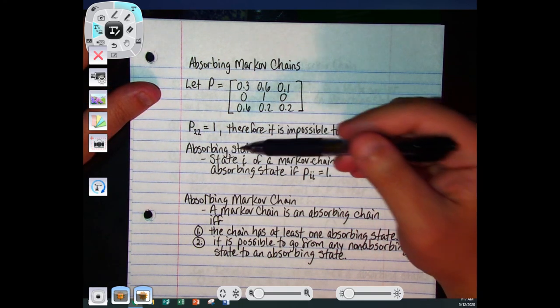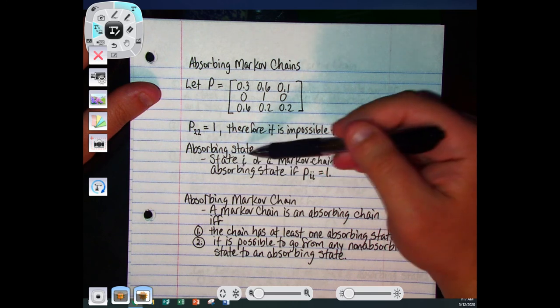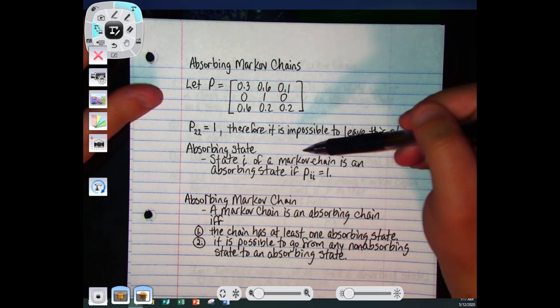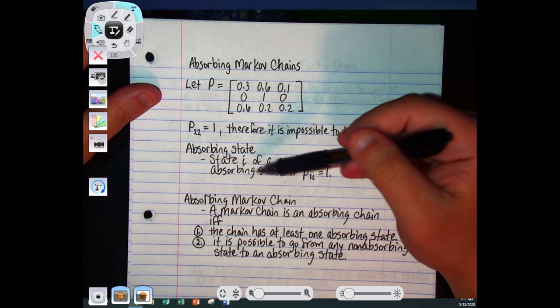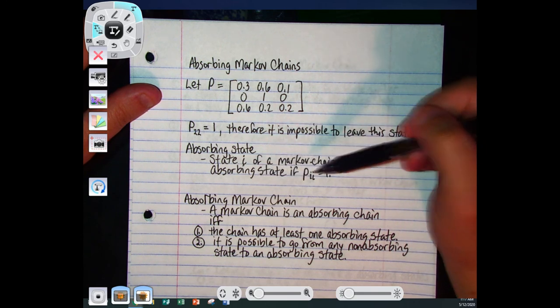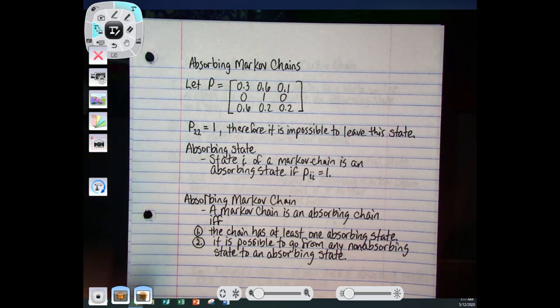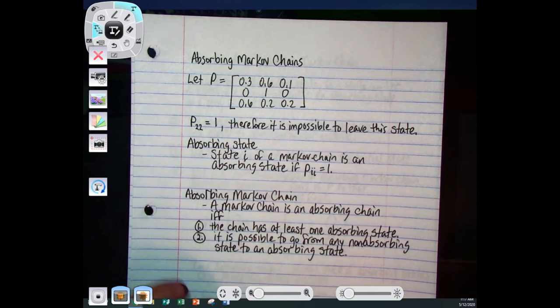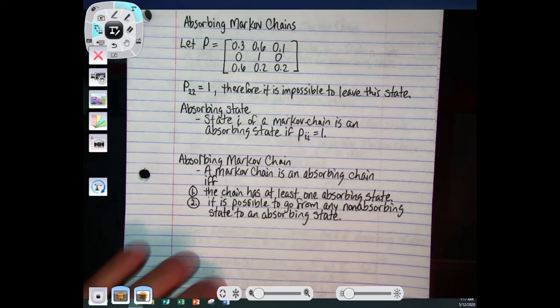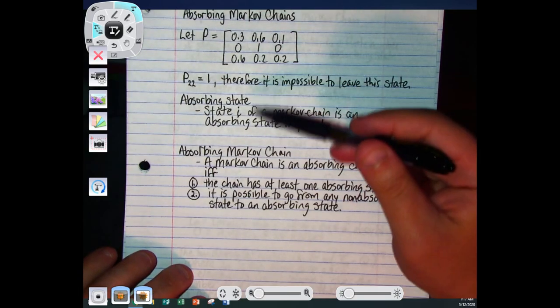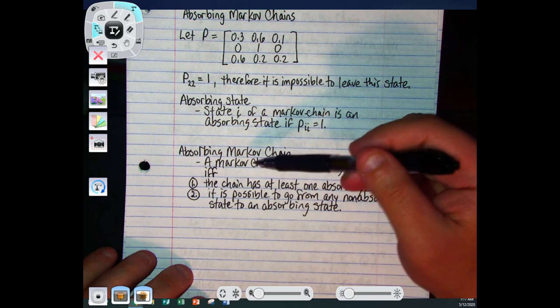So a state i of a Markov chain is an absorbing state if the probability of going from that state to the same state is equal to 1. So based on that, now we can use that idea of an absorbing state to talk about what's called an absorbing Markov chain.